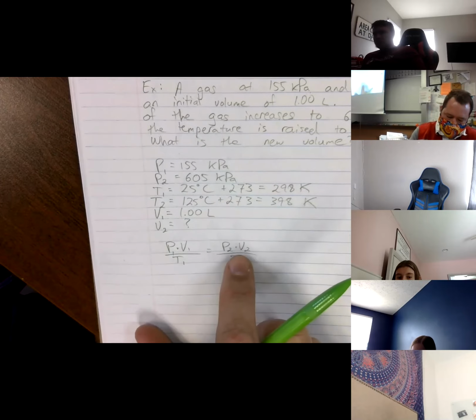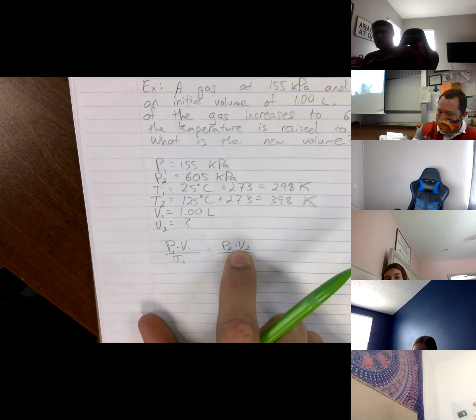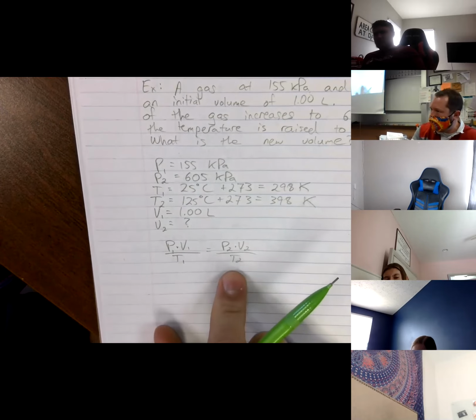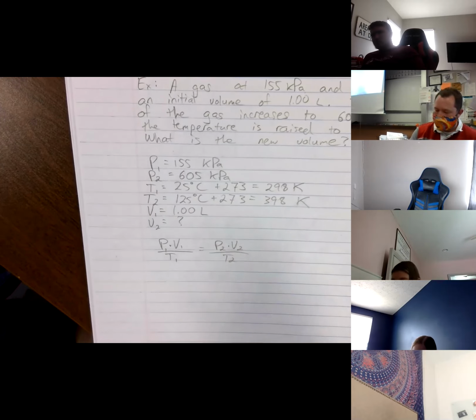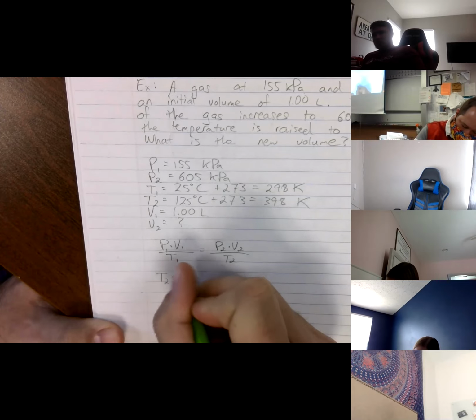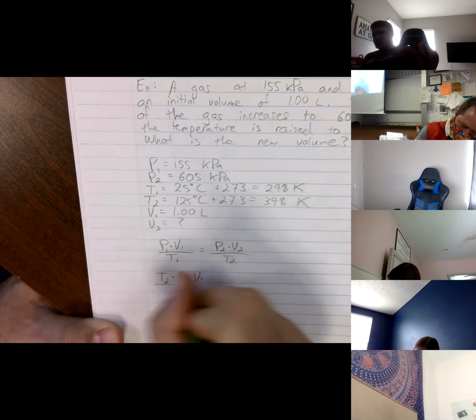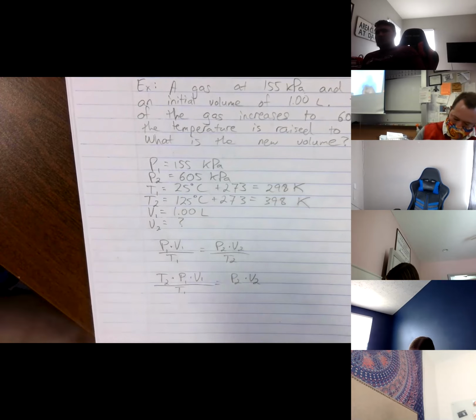All right, let's see. We need V2 on a side by itself. First thing, let's get T2 out of here. If it's divided by T2, the opposite of divided by is times. So let's say T2 times P1 times V1 divided by T1 equals P2 times V2.